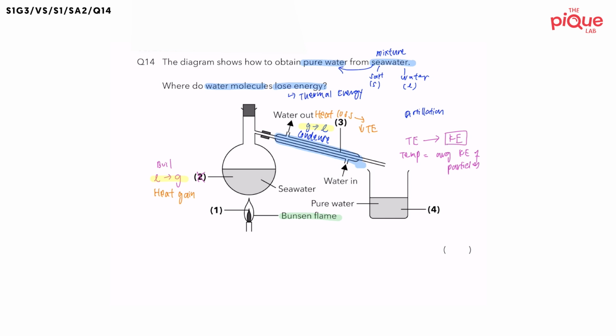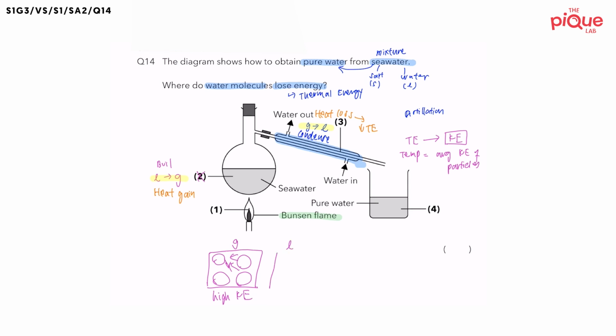So let's check if the water molecules at point 3 do lose kinetic energy. We have learned in the topic of particulate nature of matter that gases are able to move freely and randomly at high speeds in all directions, like so. So if they are able to move so quickly at high speeds, do you think that gas particles will have high or low kinetic energy? Gas particles will have high kinetic energy. Now what about for liquids?